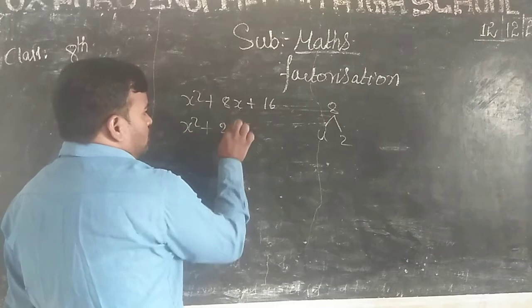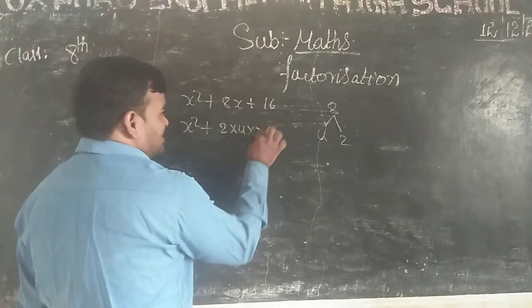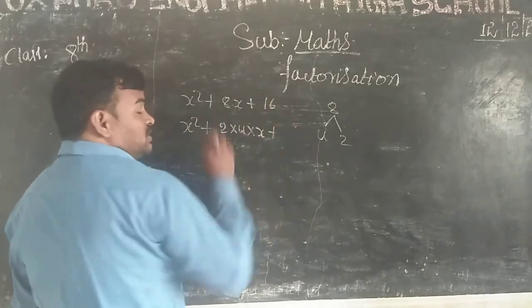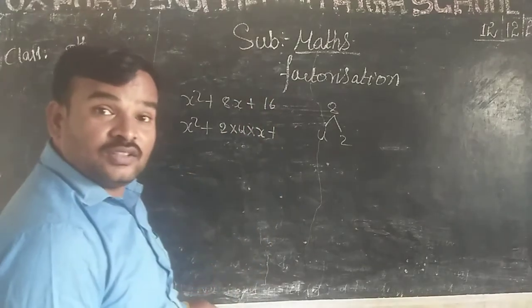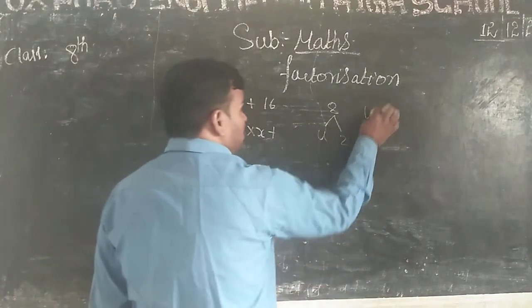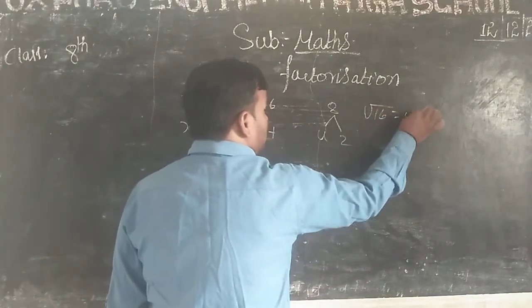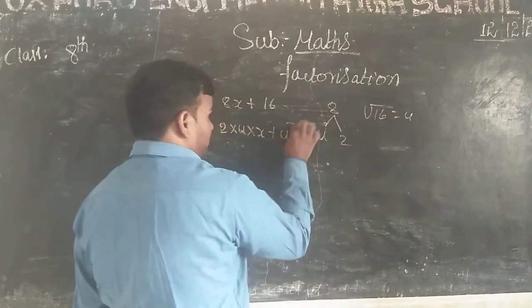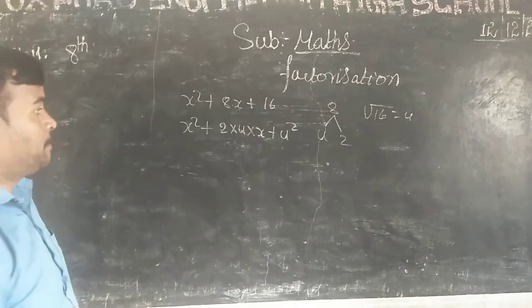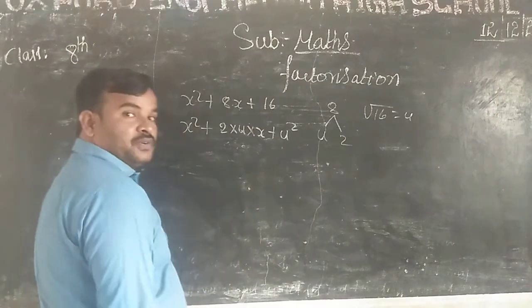So 2 into 4 into x, 4 twos are 8, 8x. And 16: what is the square root of 16? 4. Then you write 4 square. Listen, which identity is suitable for this one?